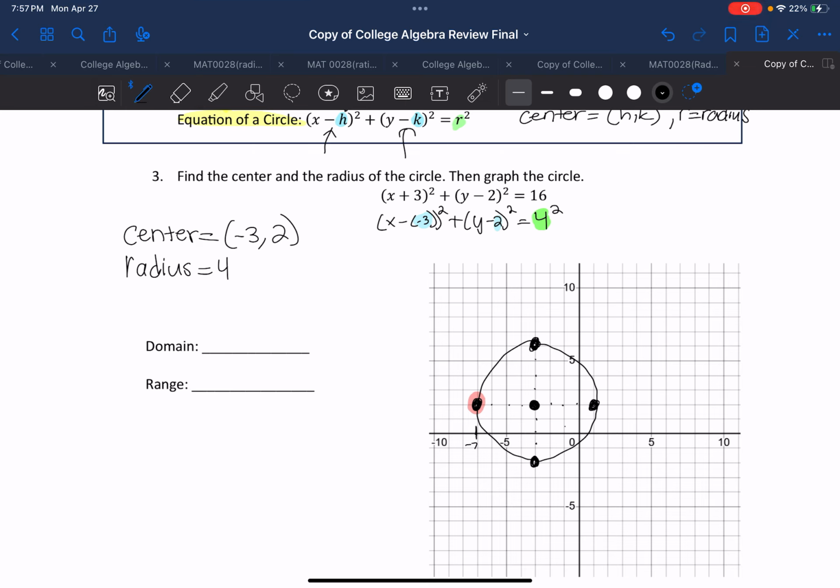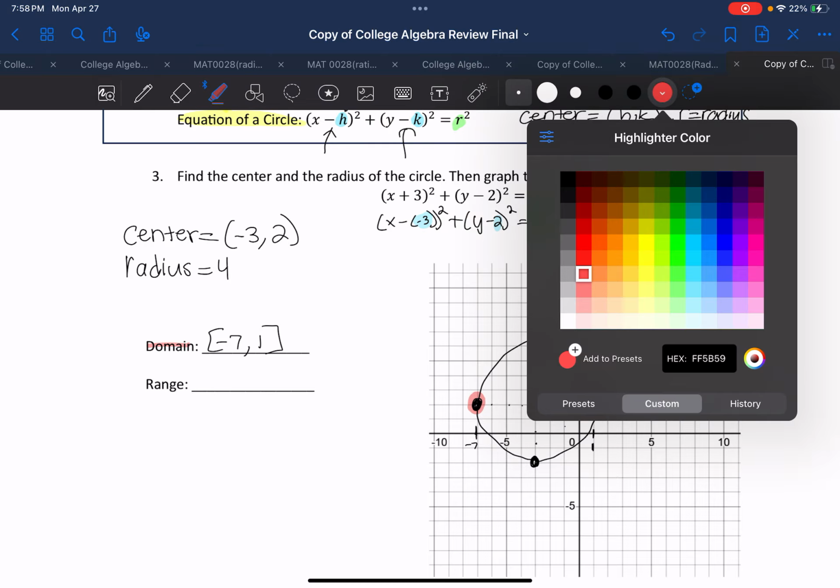And then you go to the far right point, and that point goes to +1. So the domain from left to right would be from -7 to +1. And they both would have brackets because they're on the circle, so it's included. So that's from left to right.